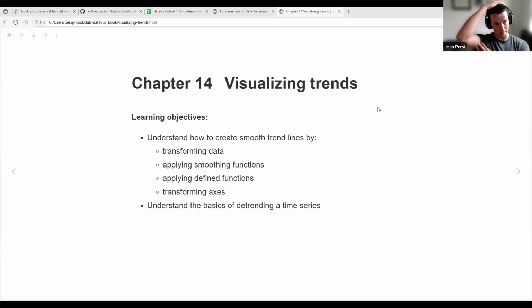I will preface this with I feel like these chapters maybe kicked it up a notch in complexity and detail from previous chapters, at least the ones I've led. I feel like the last one I led was on visualizing something simple like bar charts or proportions. Whereas here, visualizing trends and time series analysis and then visualizing cartographic data, people make their whole careers on one of those topics.